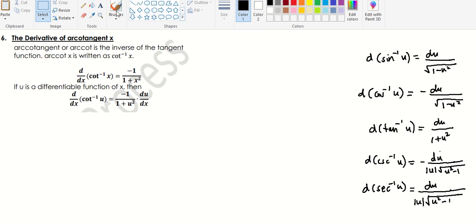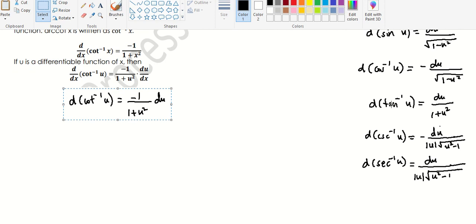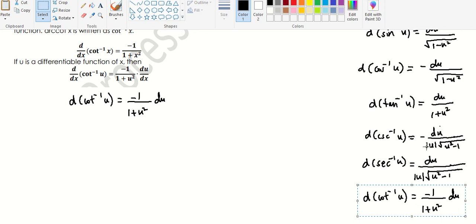Or we can rewrite this as the derivative of arc cotangent u is equal to negative du over 1 plus u squared. Alright, so kompleto na ang ating mga arc functions.